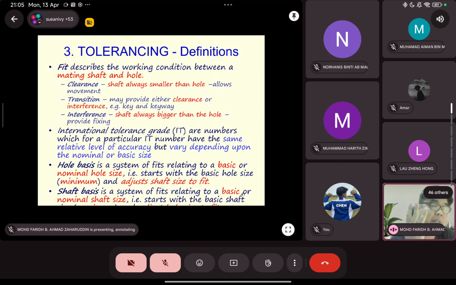We are only talking about 3 decimal places. With clearance, the shaft can go in easily, in and out. But with interference, it cannot.